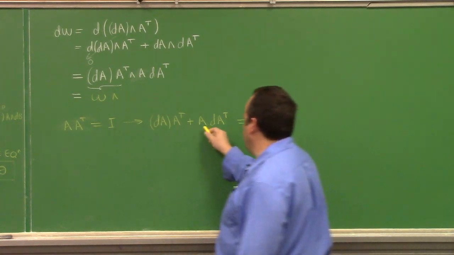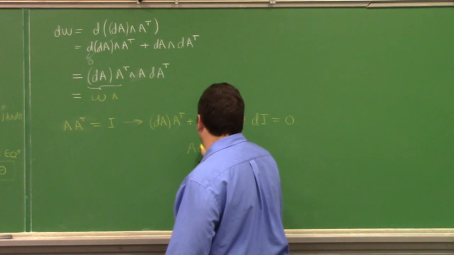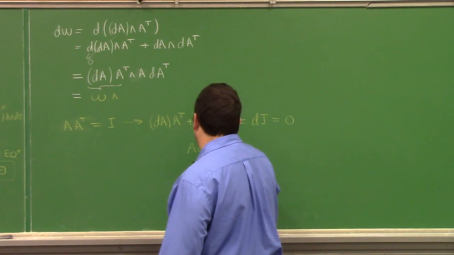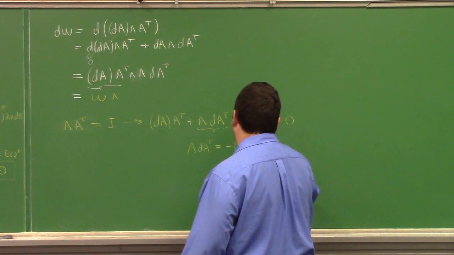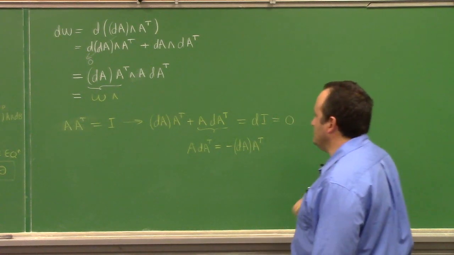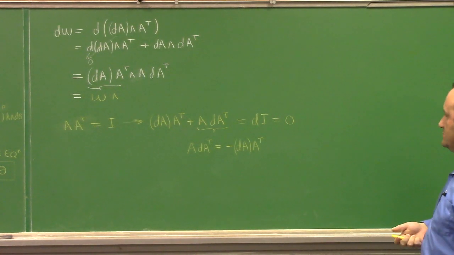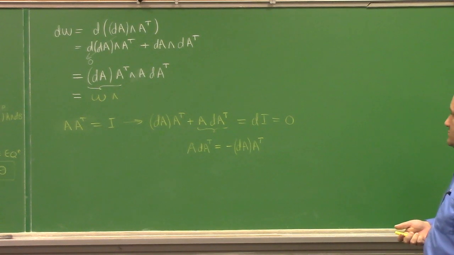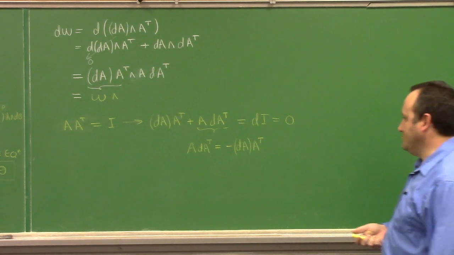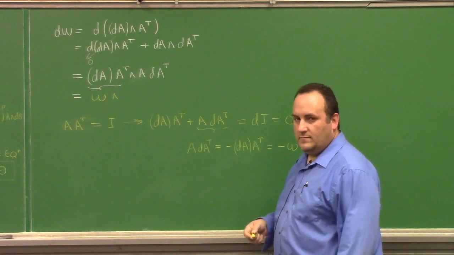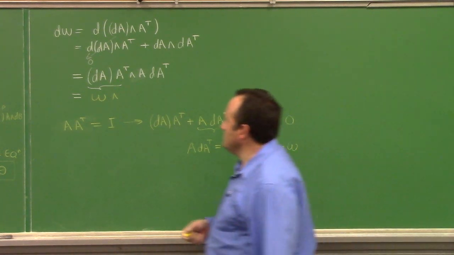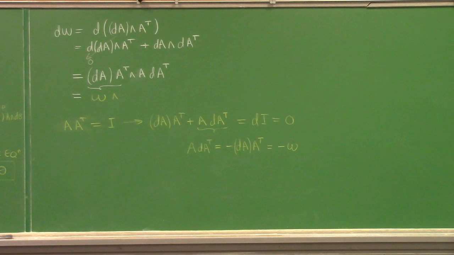So this gives me that A dA transpose is equal to minus dA A transpose, which I think is minus omega, right? Shoot, I've made a mistake somewhere.